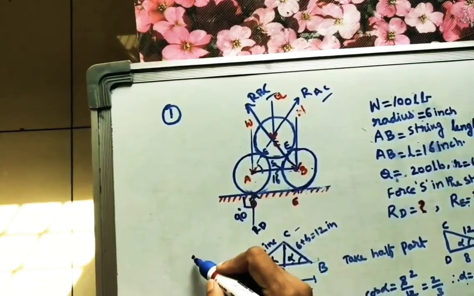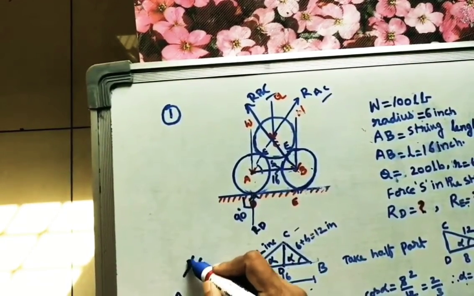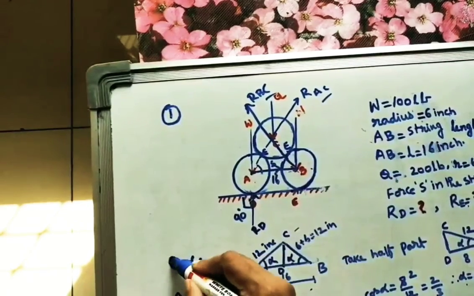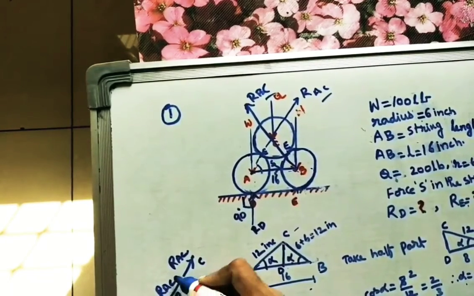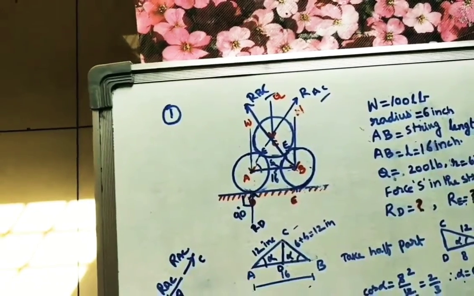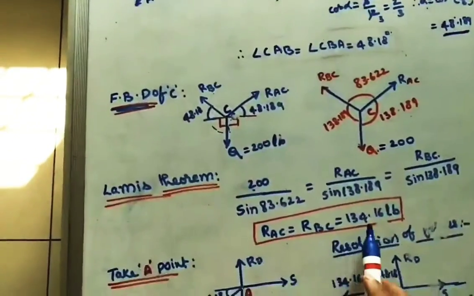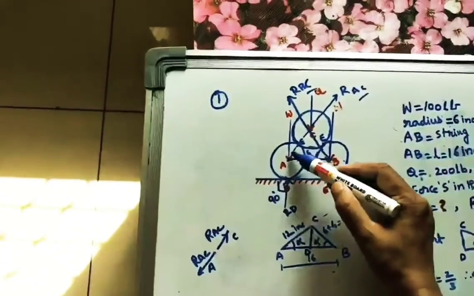So this is C, this is A. RAC initially we took in the upward direction. The same RAC is coming at this center, according to Newton's third law. RAC value we already found. How much RAC did we get? RAC is 134.16 lb. It is acting like this.